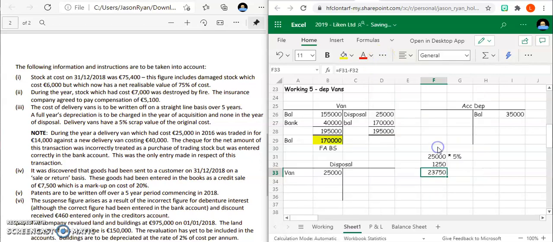That's the figure that we're going to use to calculate our depreciation on this disposal of the van that we just got rid of. In the question it says that we're going to have the vans for 5 years. So this 23,750, we're going to divide it by 5 to see how much the depreciation is per year.